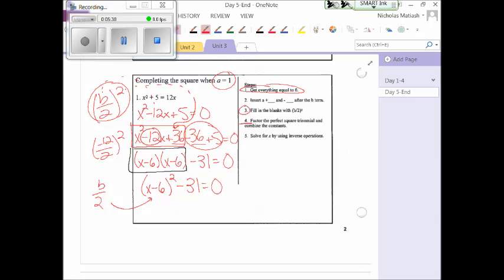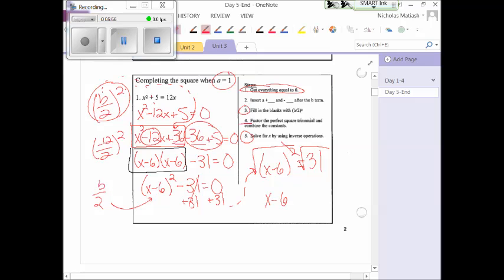Now I just need to solve for x by using inverse operations. So I'm going to add 31 to both sides. I'll have x minus 6 squared is equal to 31. At that point, we're trying to get rid of the square, so take the square root.